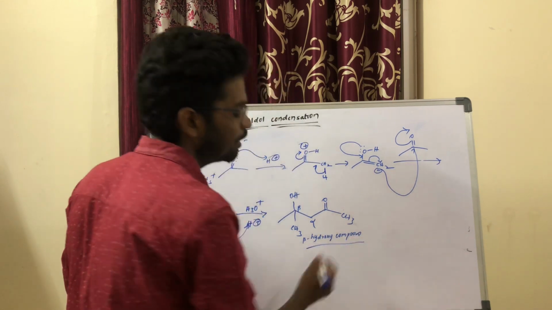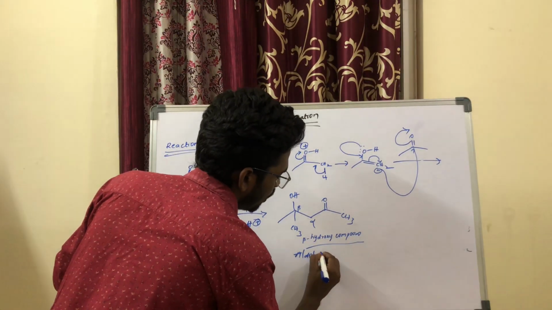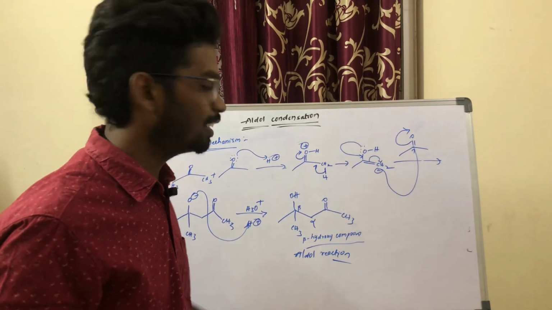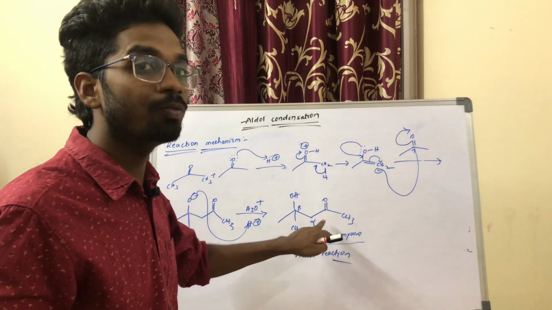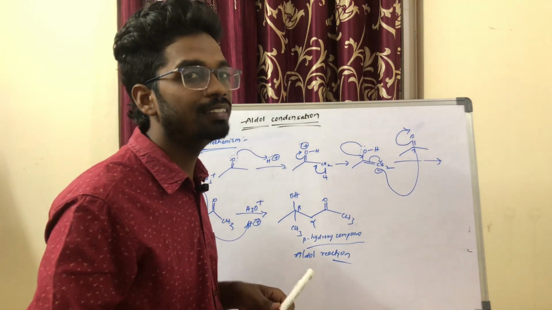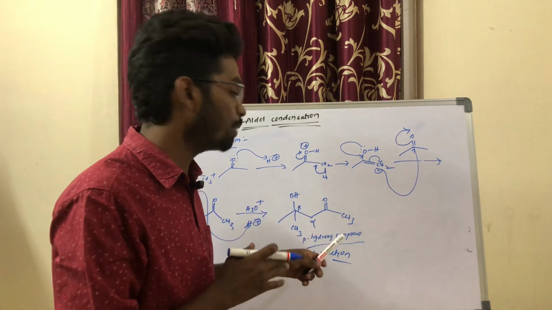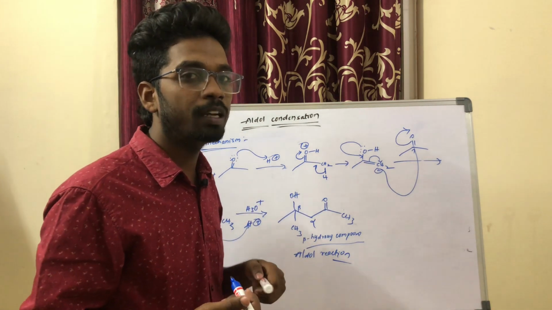This beta hydroxy compound is called the aldol reaction. If they ask you to write the aldol reaction, this product is enough. But if they ask for the aldol condensation reaction, aldol condensation is nothing but removing the water molecule from this beta hydroxy compound. Then you can get the alpha beta unsaturated compound.